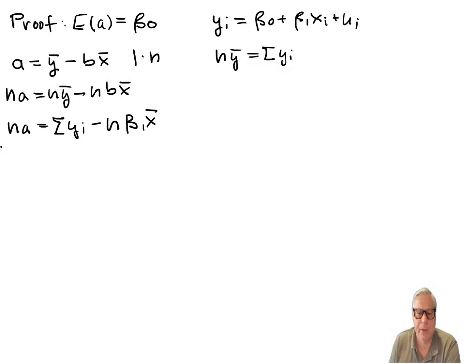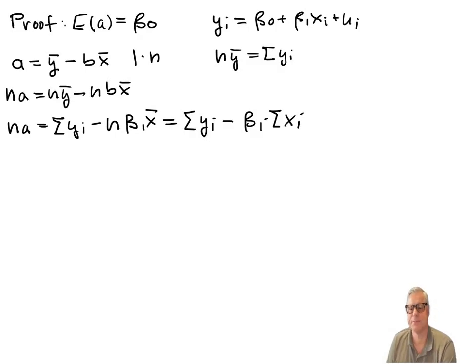And that can also be written as the sum of yi, minus, n is a constant, and beta 1 times n times x bar can also be written as beta 1 times the sum of xi. So n times x bar, just like n times y bar equals the sum of yi, is the sum of xi.